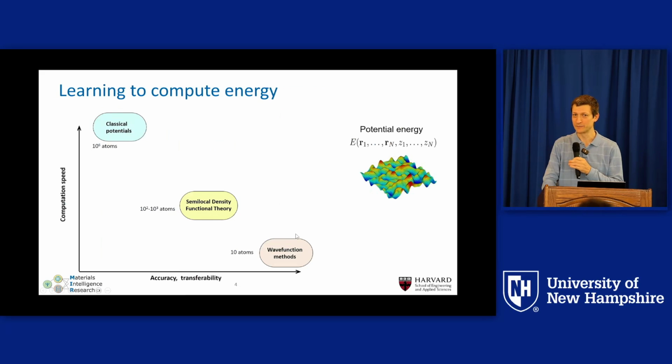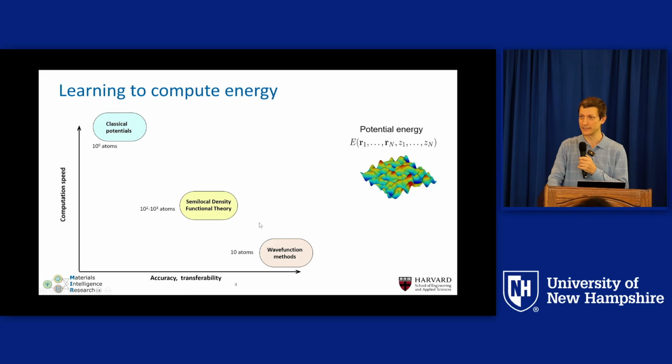So we have methods that allow us to compute the most important quantity for all this business, which is the energy, the potential energy as a function of atomic positions. Okay, so that gives you derivatives, which are forces, and that gives you a way to propagate in time and look at what happens in the system. You can compute this with very simple analytical functional forms, these classical potentials for a lot of atoms.